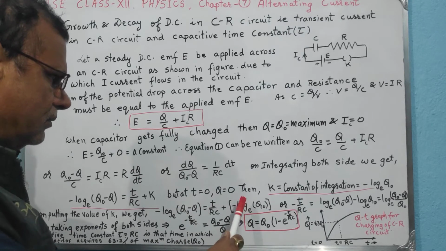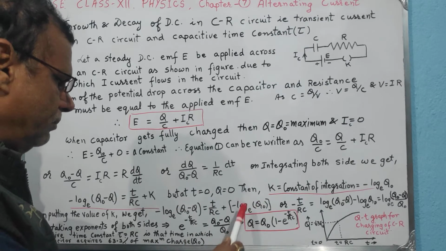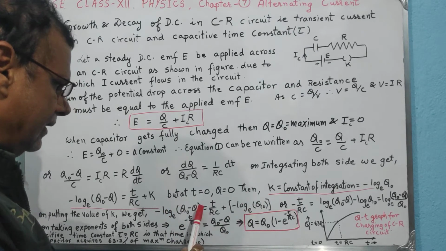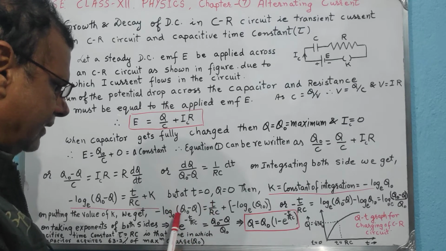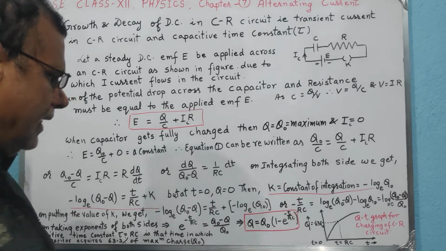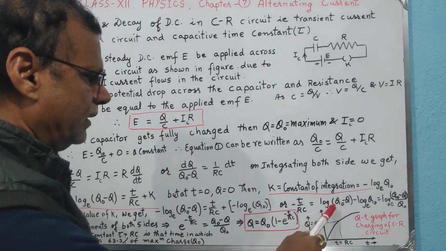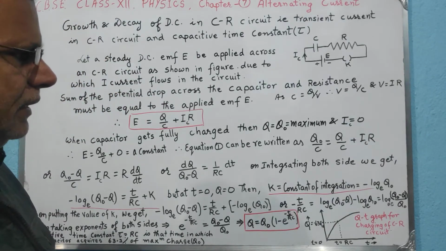So if we take this log Q0 to the base e to the other side and shift this t by RC to the left hand side, we get minus t by RC equal to log Q0 minus Q to the base e minus log Q0 to the base e.